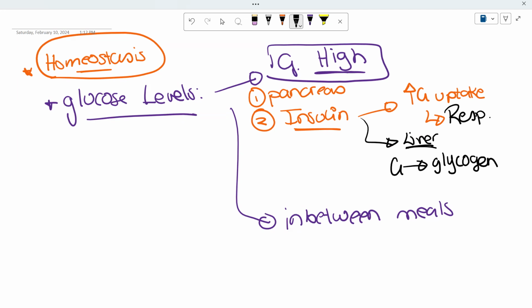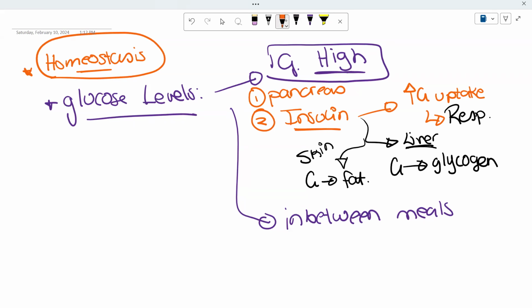It will not make it concentrated. Okay, there is no more space in the liver. The insulin will go to the skin cells and tell the skin, please take this excess glucose and store it as fat. And unfortunately, our skin can store an unlimited amount of fat. So no matter how much glucose you're eating, it will be stored.